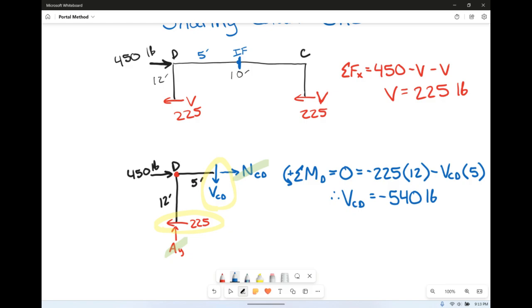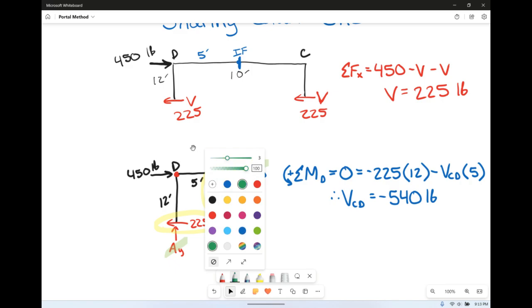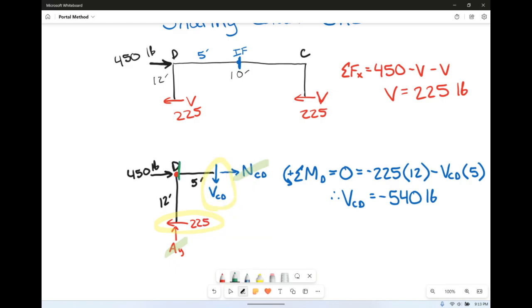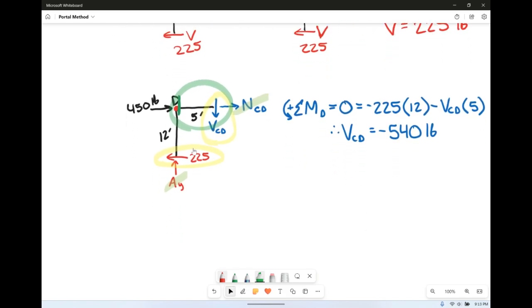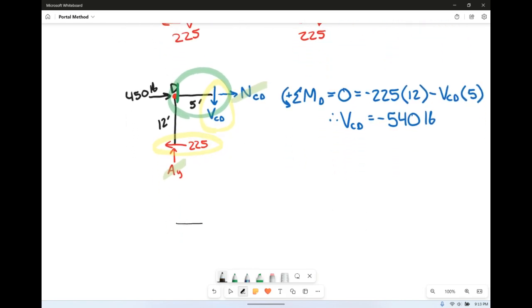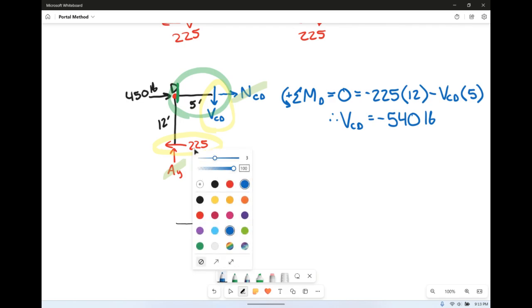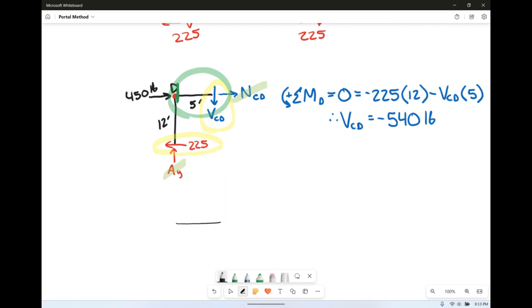Well, now if we actually want to find the moment at D, we're talking the internal moment. So what we're going to do now is make a cut right here and analyze just this half of our free body diagram. So we're going to make that cut for D. Again, he is 5 feet wide.